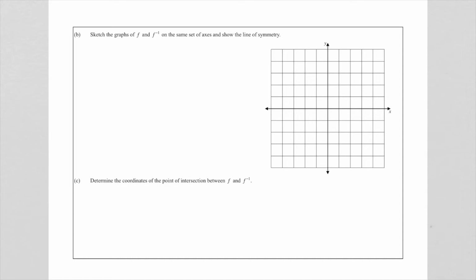So what we're going to do is look at our straight line graph, which is y equal to minus 3x plus 3. And we're going to calculate the x and y intercept. So for f, because I'm working with f here, I'm going to find the x-intercept.